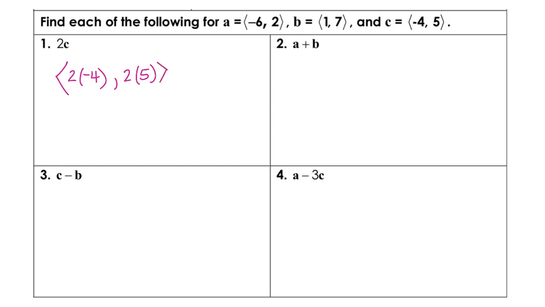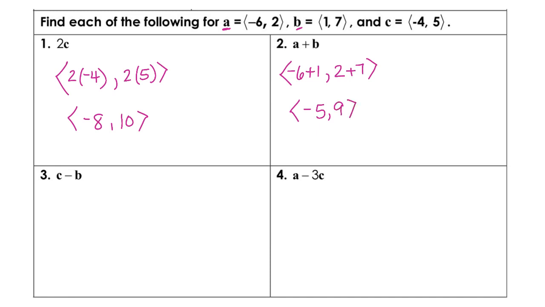And so that resultant would be negative 8 and positive 10. Now looking at number 2, we need to add vectors a and b. If we add vectors a and b, we're going to have negative 6 plus 1, and then 2 plus 7. And so that's going to give us negative 5 and 9.